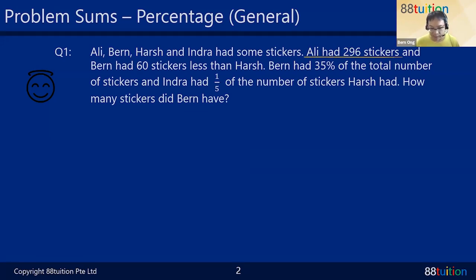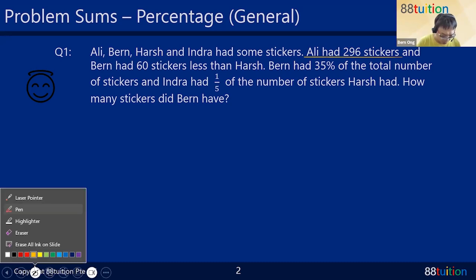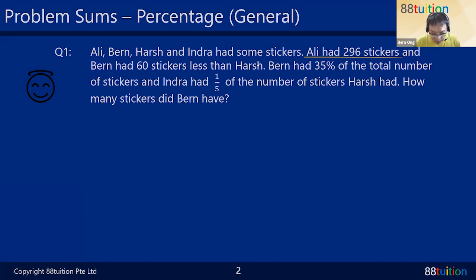It just tells us the total stickers that Ali has. Bern has 60 stickers less than Hush. Oh no, Bern got less than Hush. Why like that? So angry. Oh, Bern also had 35% of the total stickers.